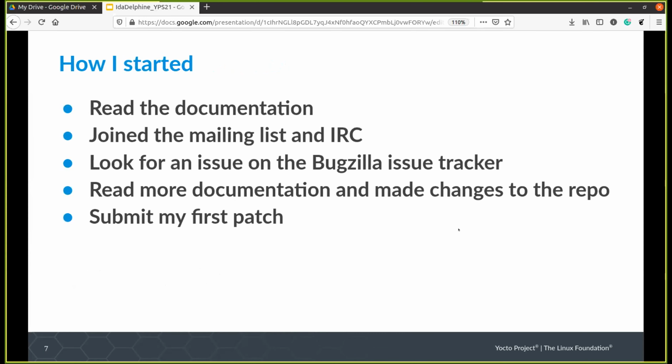So I started by reading the documentation, the software overview. I remember I went through that, but I was a bit lost. I didn't get a lot of stuff, not because it was hard to understand, it was just because I was new to this. A lot of terms didn't make sense to me.